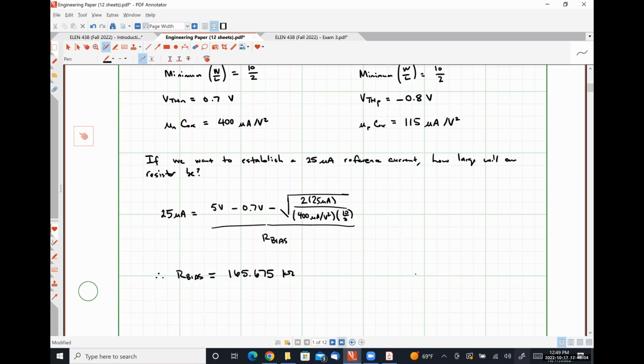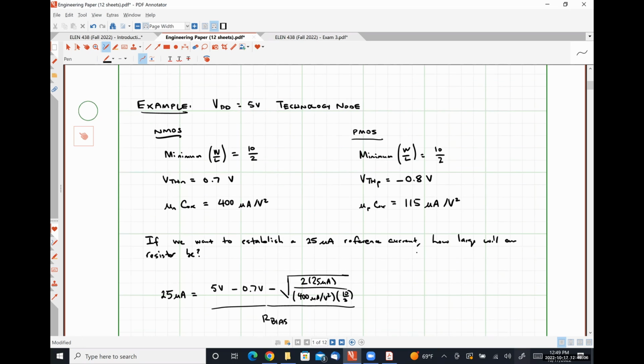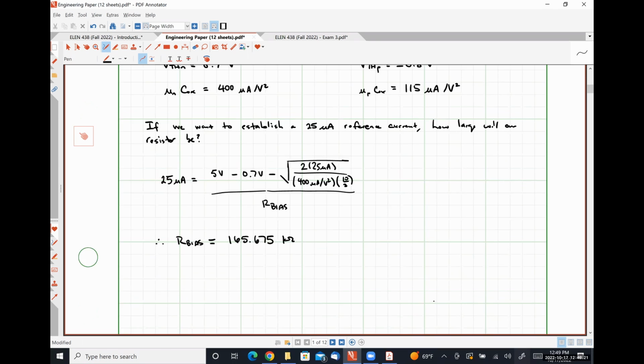If we use the exact same process, width to length transistor 10 by 2, all this kind of good stuff, 0.7 volt VTH, mu n Cox is 400 microamps per volt squared.